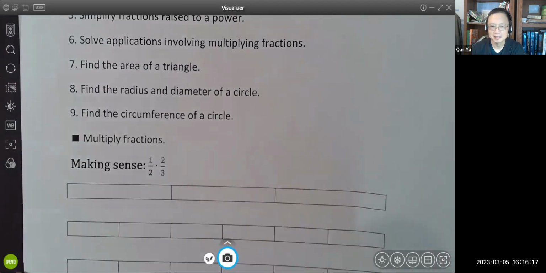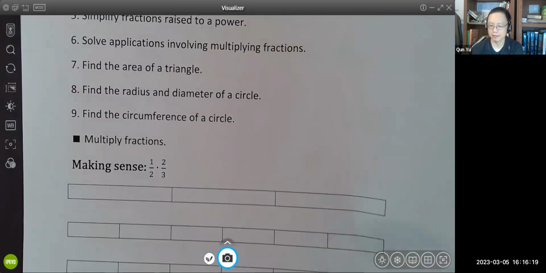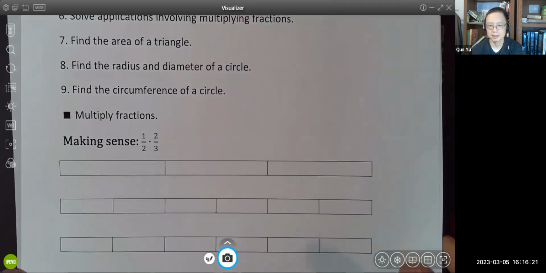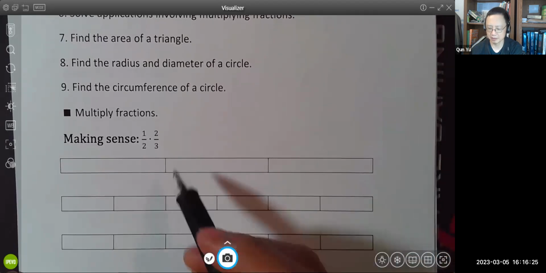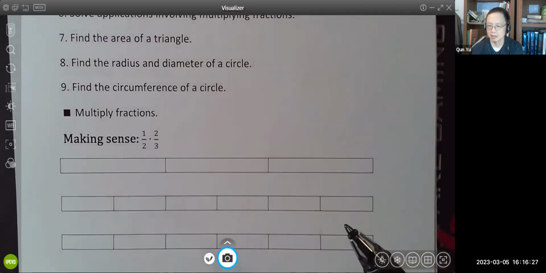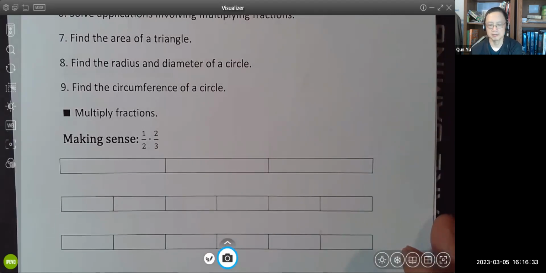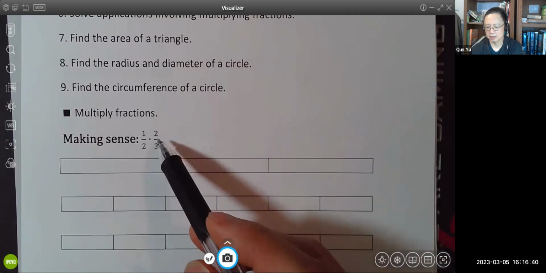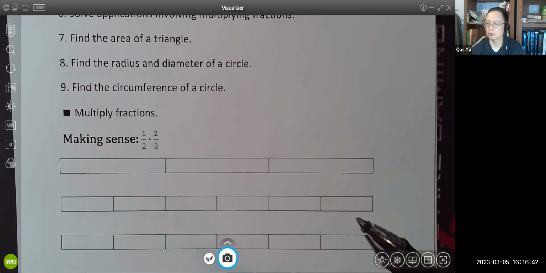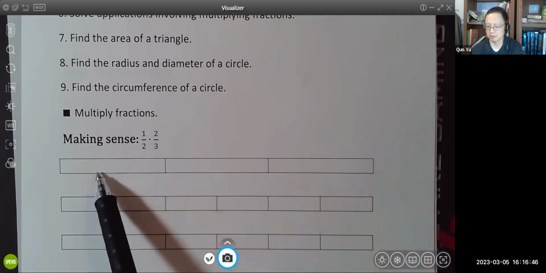First, how to multiply two fractions. We have an example here, 1/2 times 2/3. And the goal is not just to get a number as the answer. We want to make sense out of it. First, 2/3 means you divide the whole thing into 3 equal parts and you take 2 parts, like here.